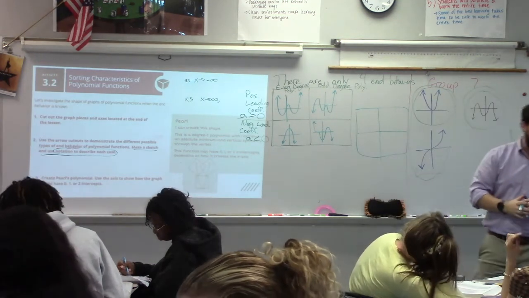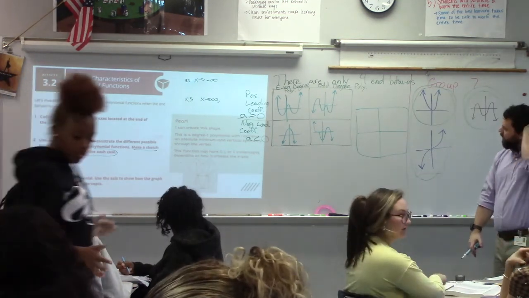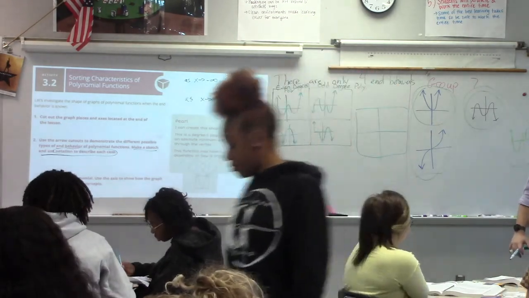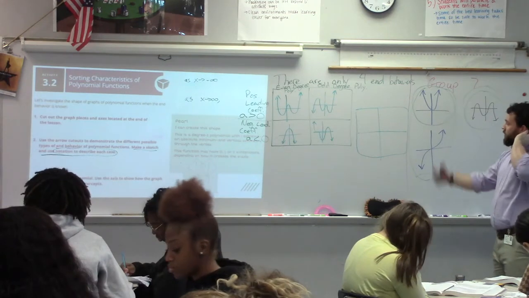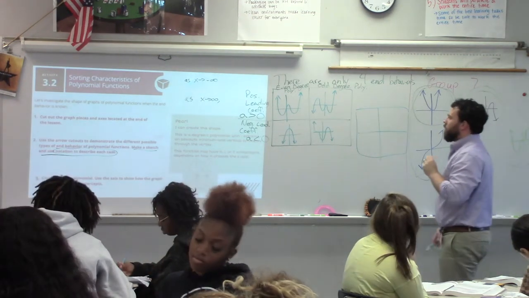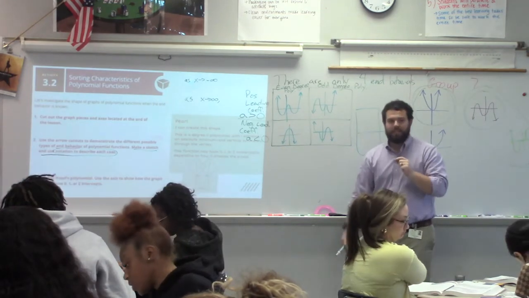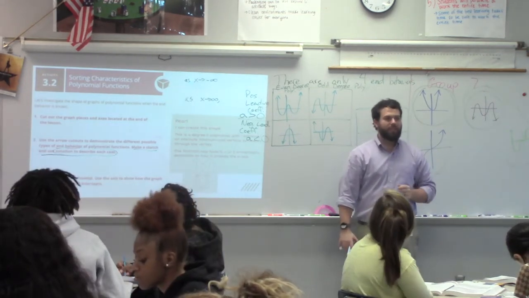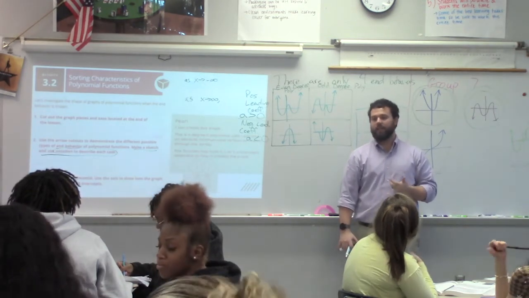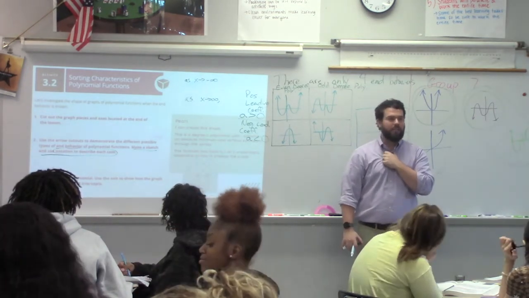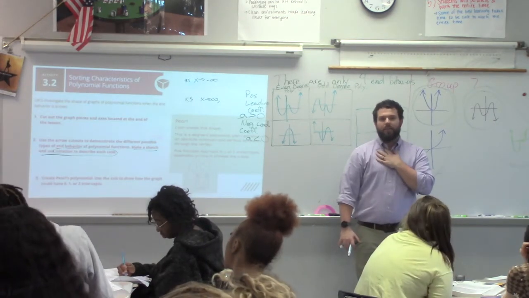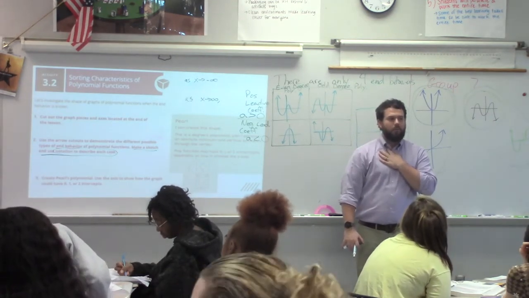Let's talk about these and look at these. A lot of us were struggling to remember which one goes where, so I drew some examples up here. What is the most basic even degree polynomial that exists? A parabola, a quadratic, a second degree. That's even. What A value made it concave up?